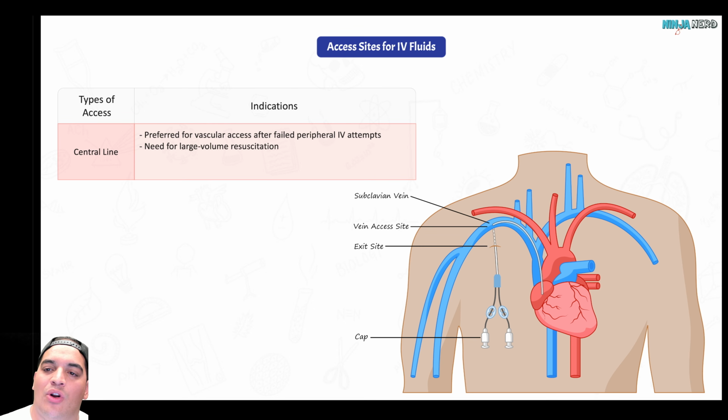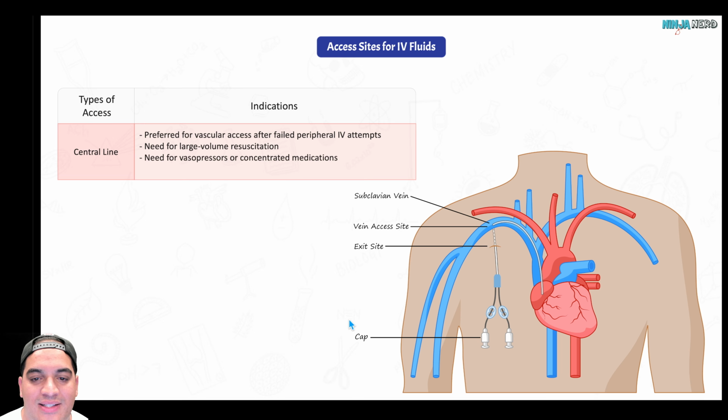Now, this is somewhat of an older indication. It's not necessarily, they need lots of fluids, get a central line in. No. The benefit of putting in a central line is that it potentially can help us to monitor the central venous pressure, which has been shown in older studies to maybe help us to know how much we actually should continue to give more and more fluids.